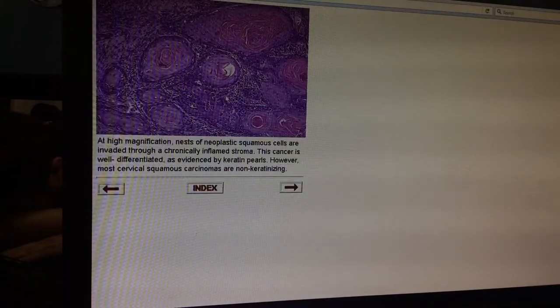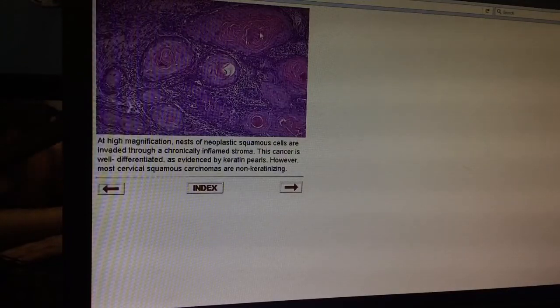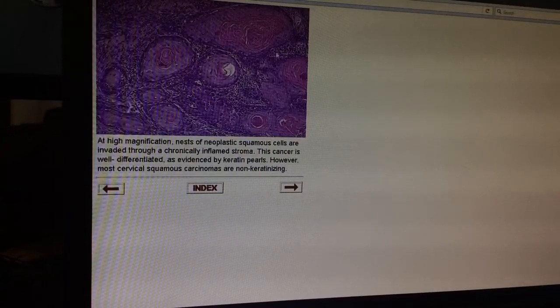This slide shows a squamous cell carcinoma. What we know about squamous cell carcinoma is that its precursor is high-grade dysplasia, which converts into squamous cell carcinoma. In this type, the cells are atypical, large, hyperchromatic, and form keratin pearls inside the squamous nests.